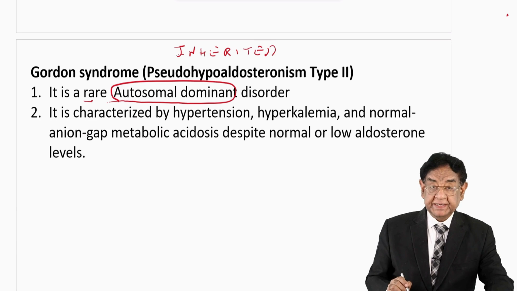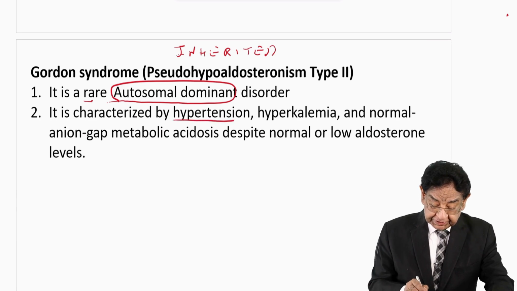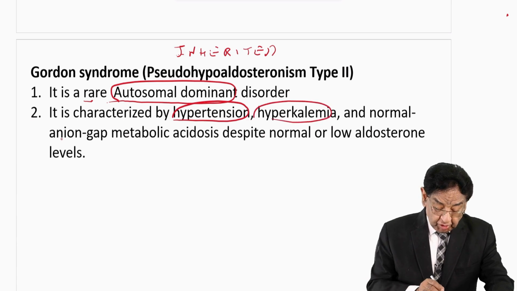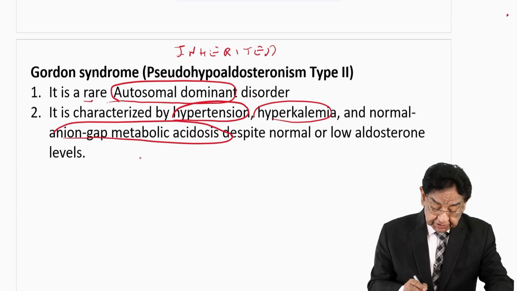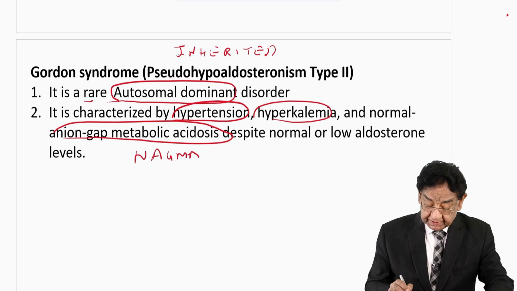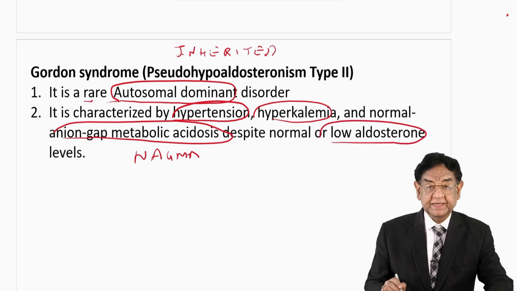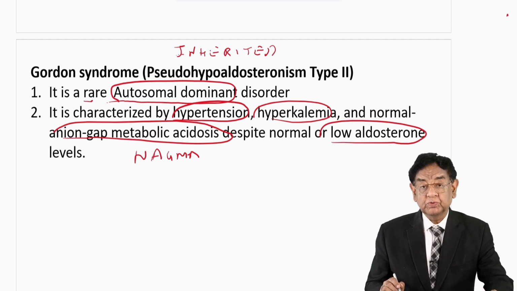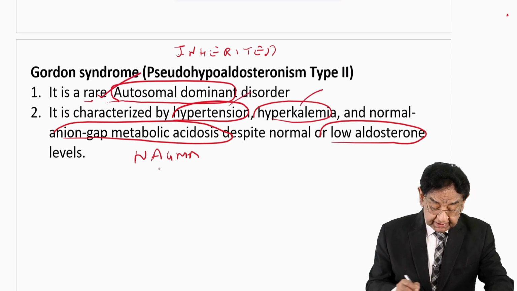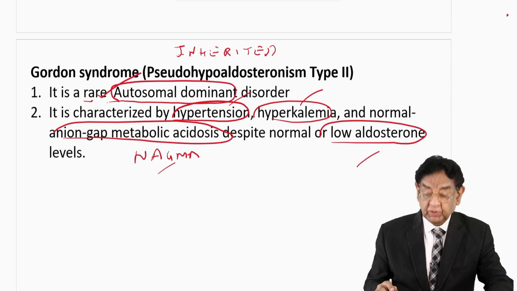It is characterized by hypertension, hyperkalemia, and normal anion gap metabolic acidosis, so-called NAGMA, with normal or low aldosterone level. Usually aldosterone level is on the lower side. So we are talking about autosomal dominant, hypertension, hyperkalemia, NAGMA, and low aldosterone level.